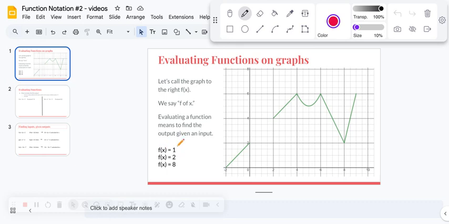We are looking at this notation, f of x equals 1. This means we are looking for a location on this graph where the output is 1. Let's remember, output is the y-axis. So I look here on the y-axis and I look for a value of 1, which happens to be right here. So our job now is to find what value of x will give us this output right here.